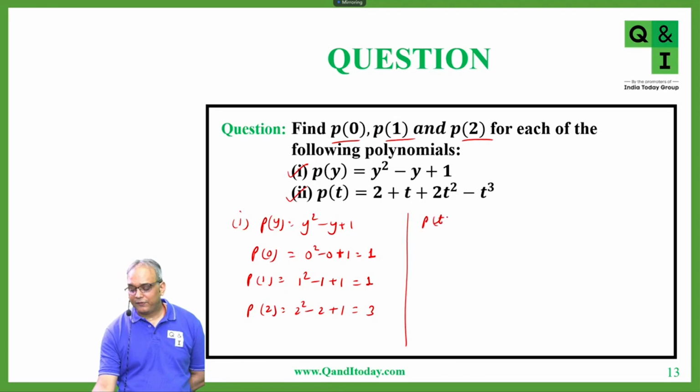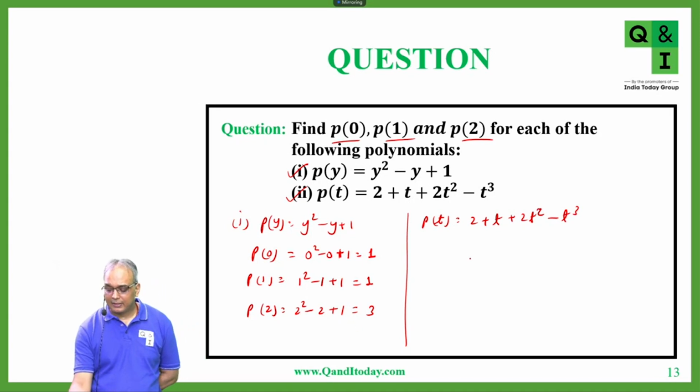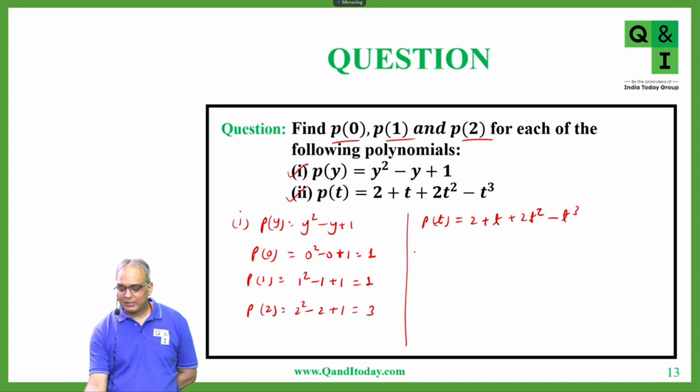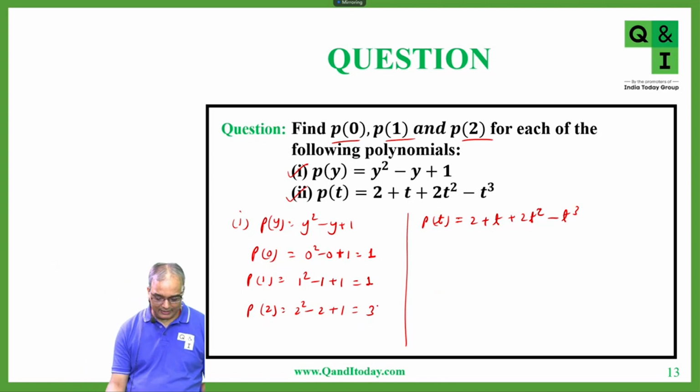Now p(t) is equal to 2 plus t plus 2t square minus t cube. Now let us put the values of t here.